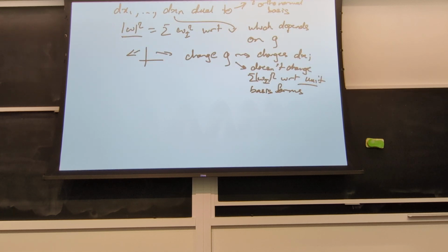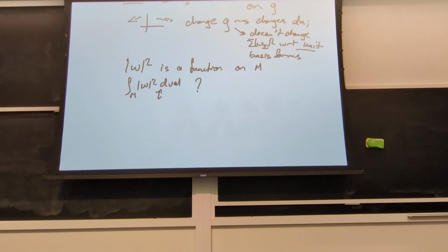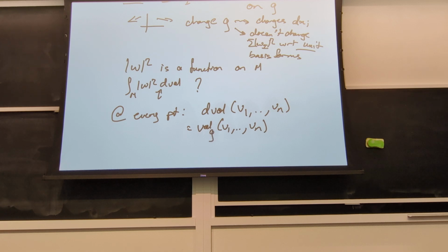Okay, so first off, the size of omega squared is a function on M. So what do we mean by the integral of omega squared on M? The answer is that over here, we're going to put a special form called the volume form. At every point, the volume form is defined as follows: the volume of v_1 through v_n is the volume of v_1 through v_n with respect to the metric.